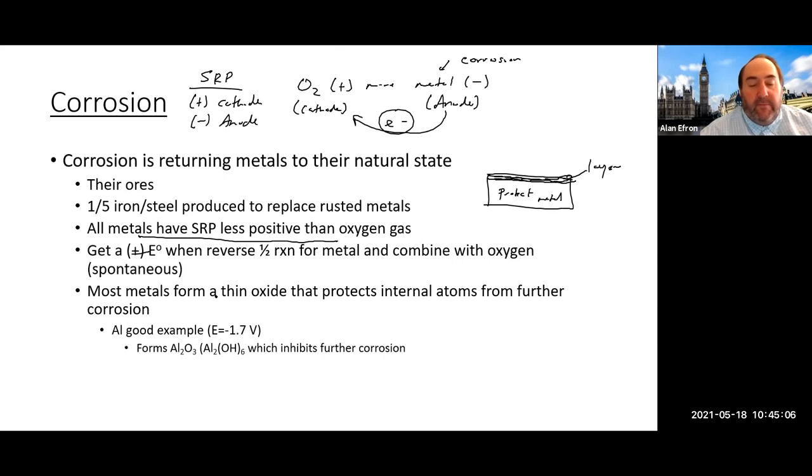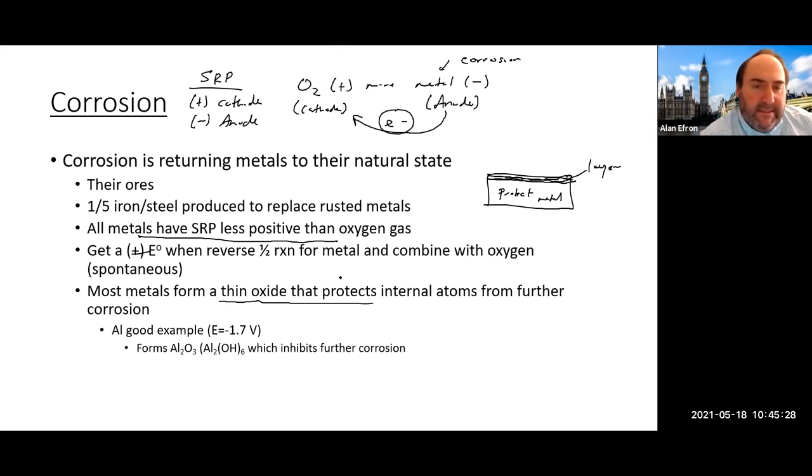So corrosion is not always a bad thing; it can make a layer that actually protects. For example, aluminum forms aluminum oxide, and this layer protects the metal underneath from further corrosion.